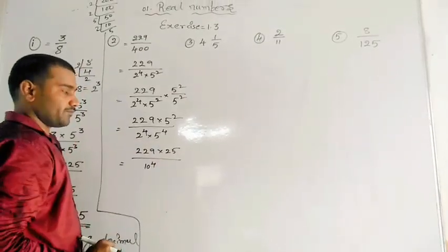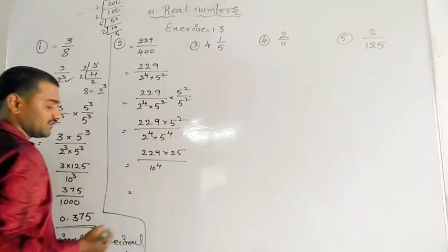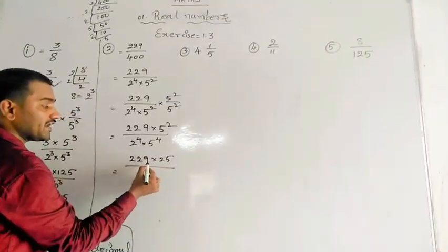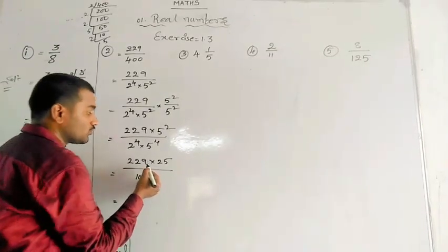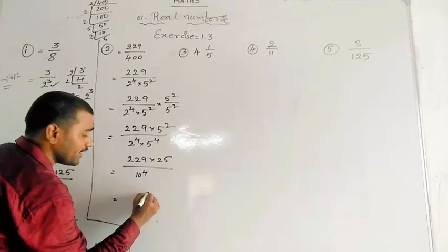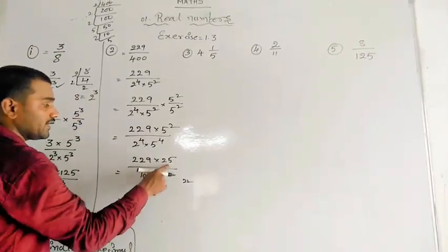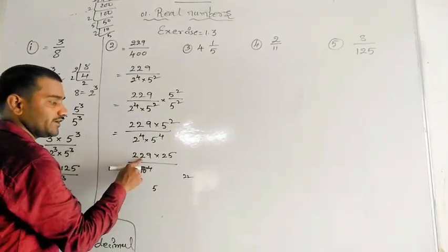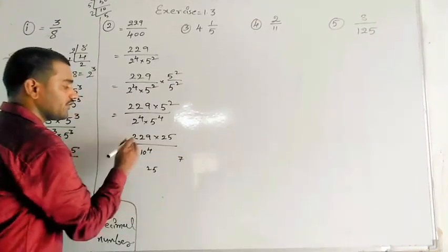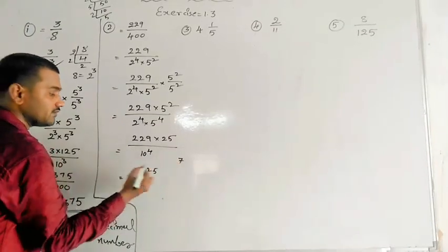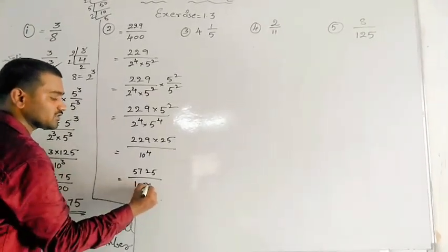Let us multiply this now. 229 into 25: 25 nines are 225, that is a 5, carry 22. Then 25 twos are 50, 50 plus 22 is 72, 2 and 7 carry. 50 plus 7 is 57. So 5725 by 10,000.